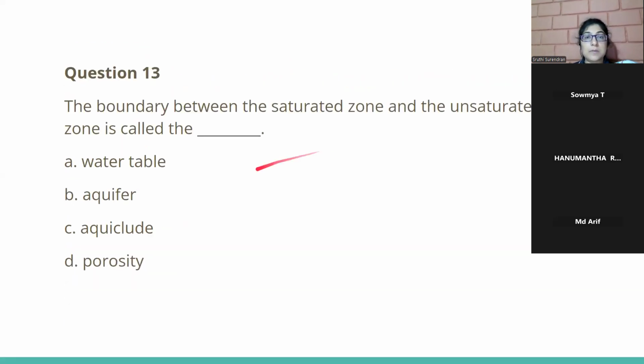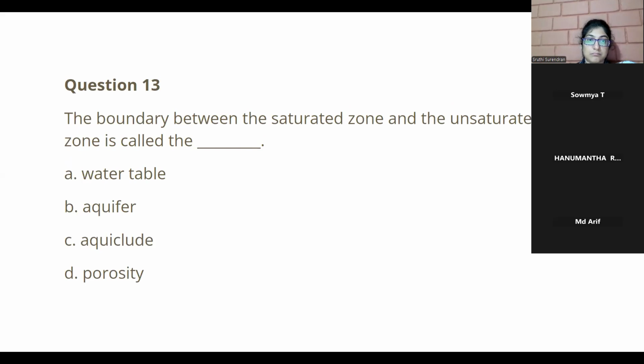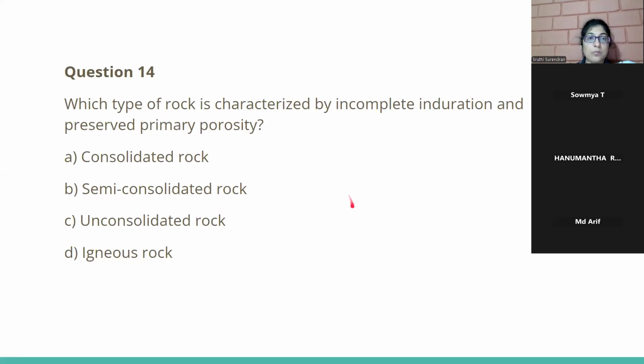Then what is the boundary between the saturated and the unsaturated zone called? So the correct answer is the water table. Now, which type of rock is characterized by incomplete induration and preserved primary porosity? Consolidated, semi-consolidated, unconsolidated, or igneous rocks?